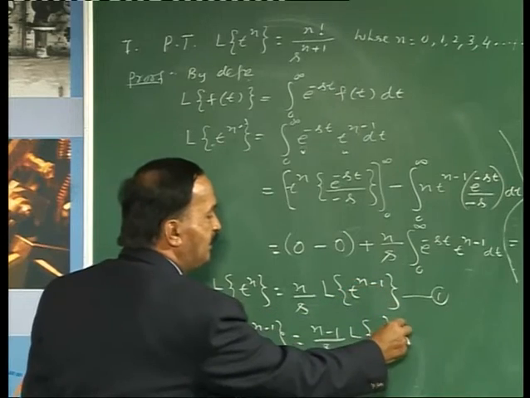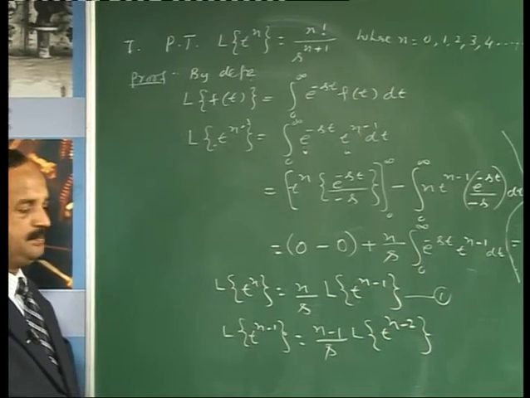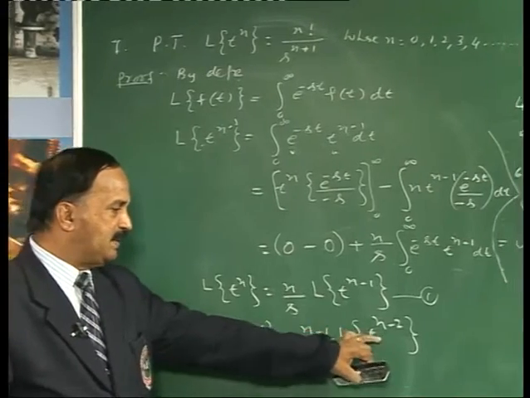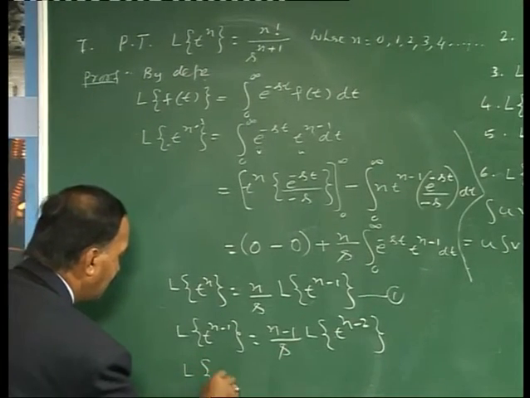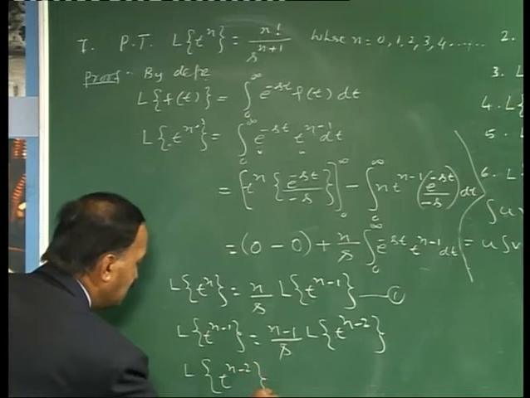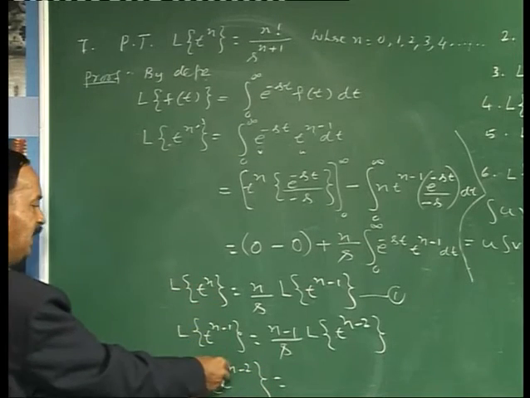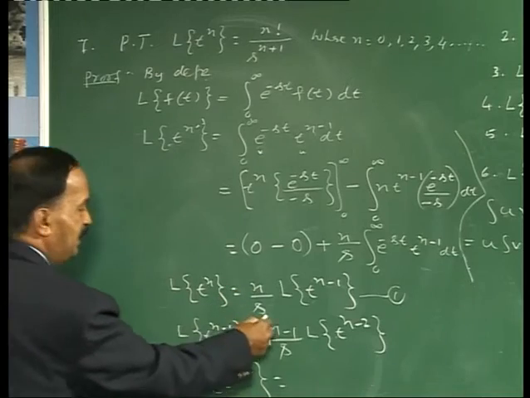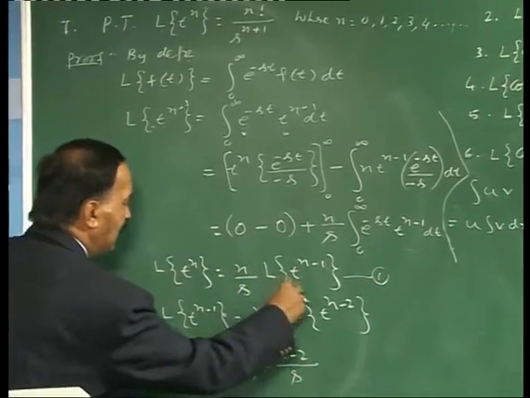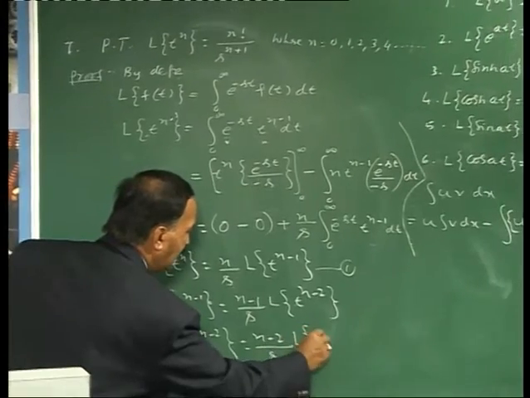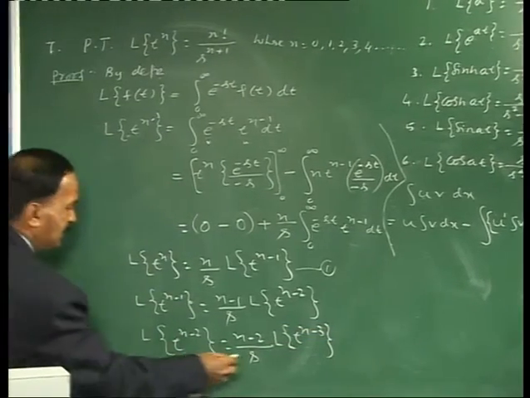N minus 1 minus 1 is n minus 2. Again next you write this value. L of t to the power of n minus 2 is equal to, in place of n you write n minus 2. Then this becomes n minus 2 by s into L of t to the power of n minus 2 minus 1, 3, etc.